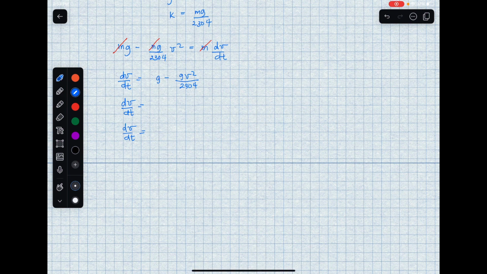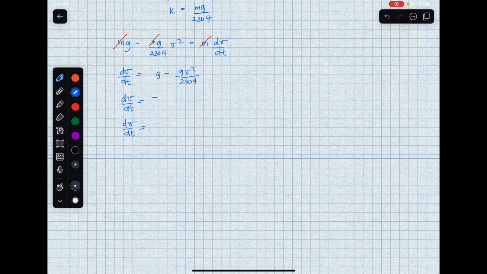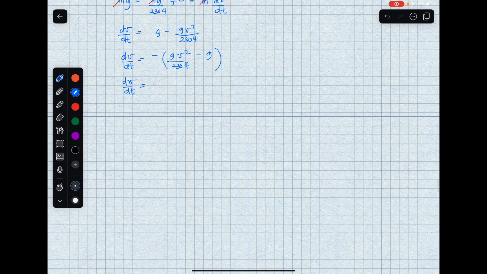But I want v squared to be positive, so I factor out a negative: negative g over 2304 times the quantity v squared minus 2304.